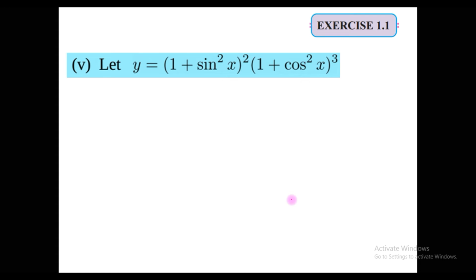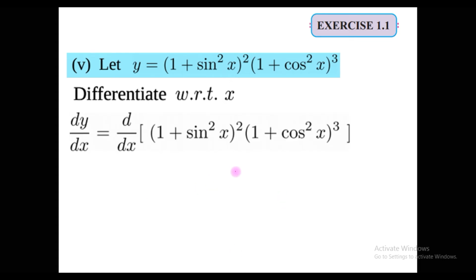One more sum which I found tricky from exercise 1.1. Okay, now this sum is a little bit different because it involves a different kind of formula first. Okay, so after completing the formality, differentiate with respect to x. Note that while finding the derivative of this part and this part, it is a multiplication of two things.